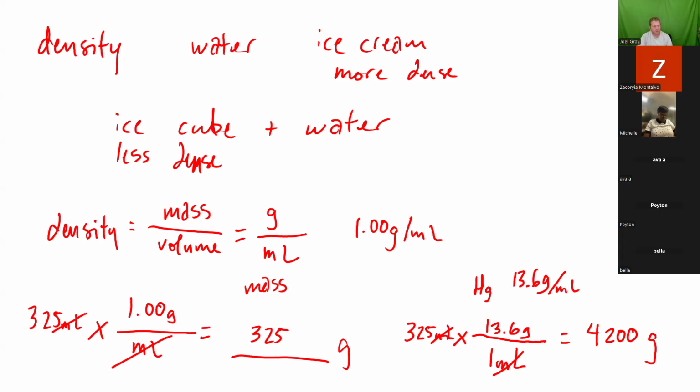That's not an exact or precise calculation. I was just trying to do that one in my head. It's a little bit more than that. So between 325 milliliters of water and 325 milliliters of mercury, if you're holding each in your hand, the mercury plummets because it's super heavy compared to the water.